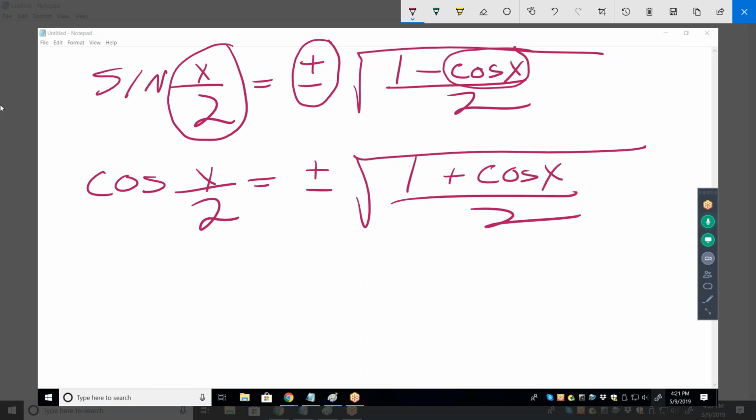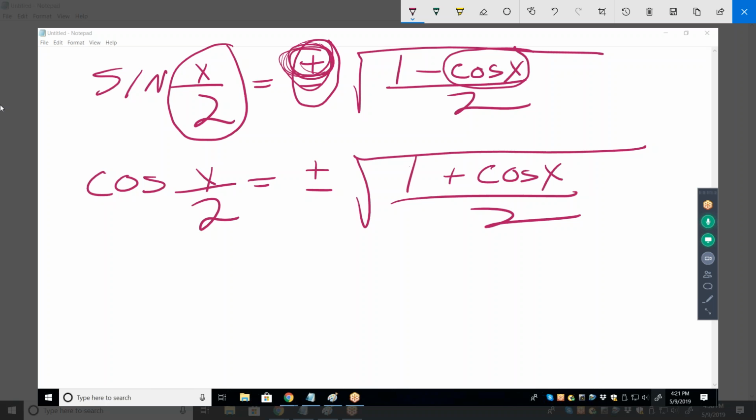In other words, it's not what quadrant x is in, it's what quadrant x over 2 is in. Okay. And if x over 2 is in the second quadrant, then I'm going to use the positive sign because I know sine is positive in the second quadrant.